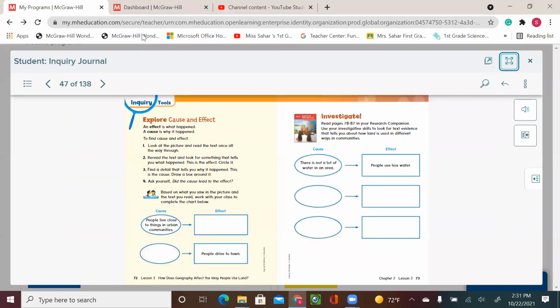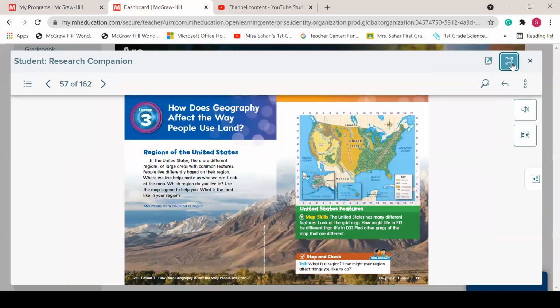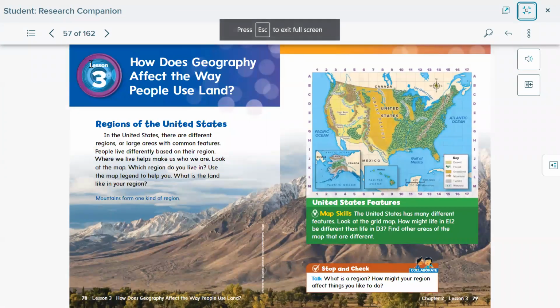read and find out. How does geography affect the way people use land? Regions of the United States.